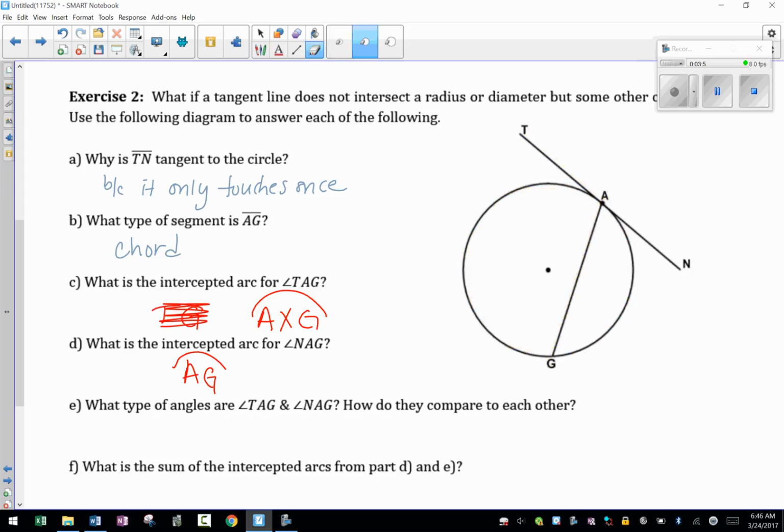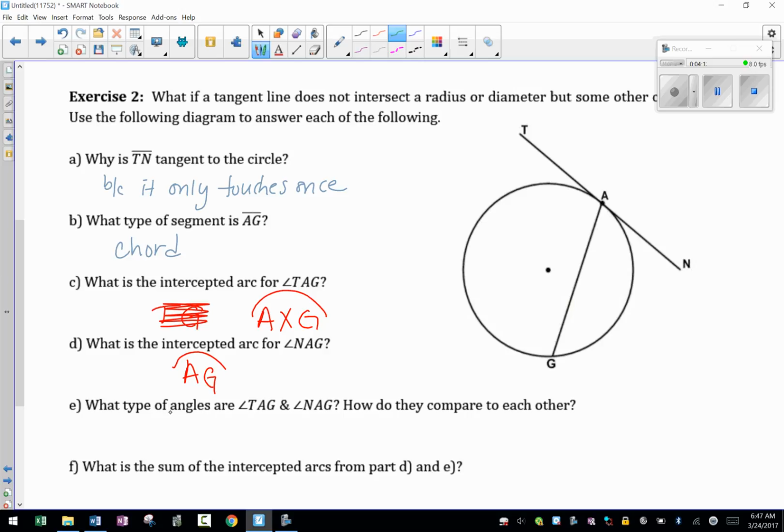Okay. What types of angles are TAG and NAG? How do they compare to each other? Well, TAG and NAG, you might want to call them inscribed, but technically they're not because they're not formed by chords. This is an angle formed by a tangent and a chord. So we don't get to call them inscribed, but they are on the edge of the circle.